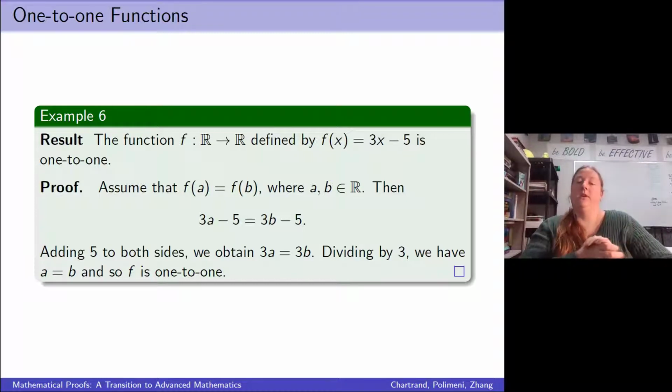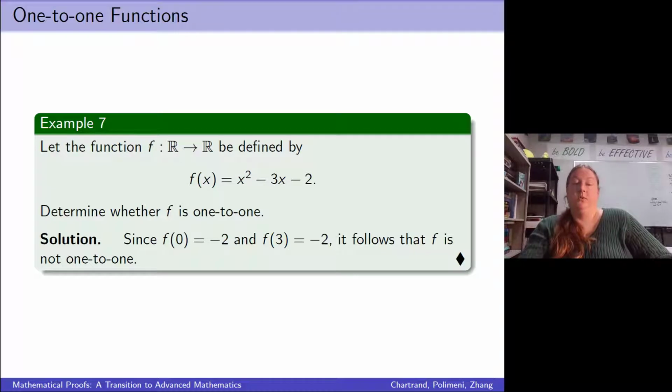So 3a minus 5 equals 3b minus 5. We can simplify this by adding 5 to both sides and get 3a equals 3b. Dividing by 3, we get a equals b. So when f of a equals f of b, then a equals b. So f is one-to-one by that alternative formulation of our definition.